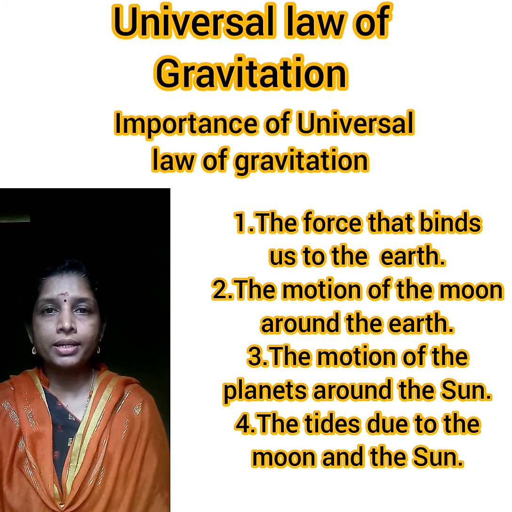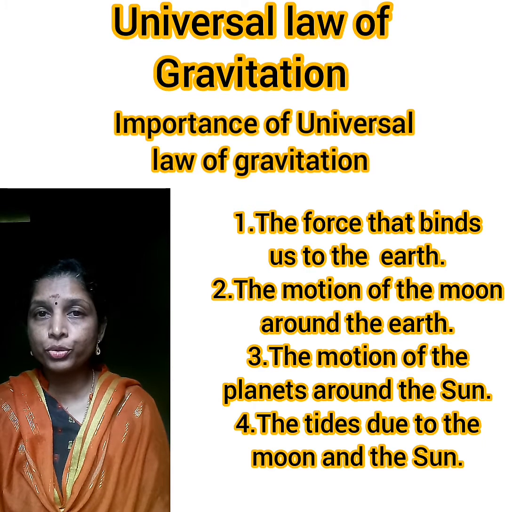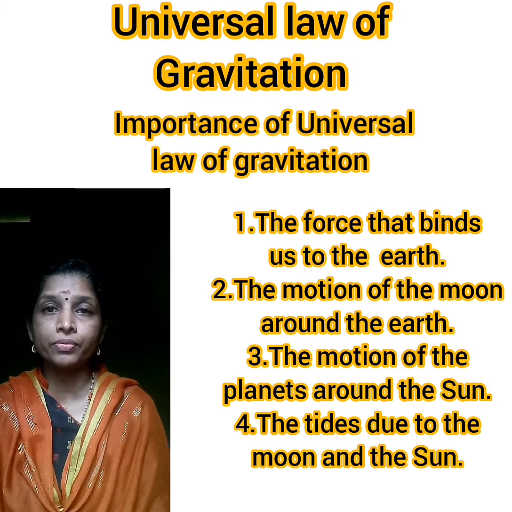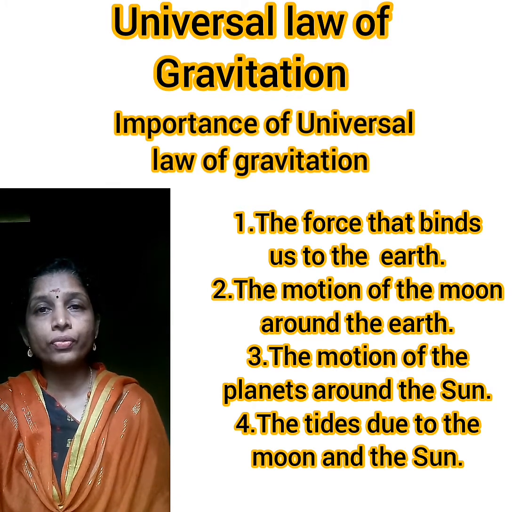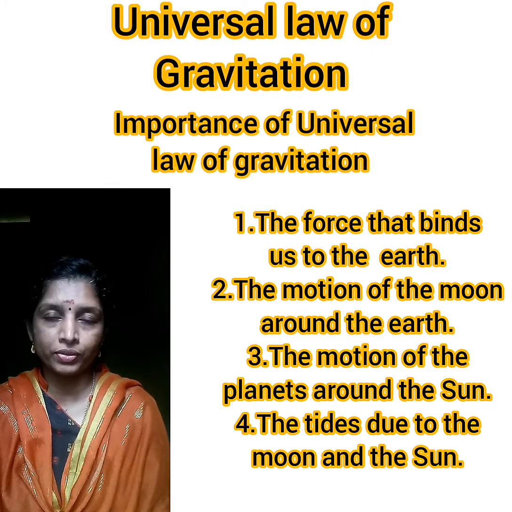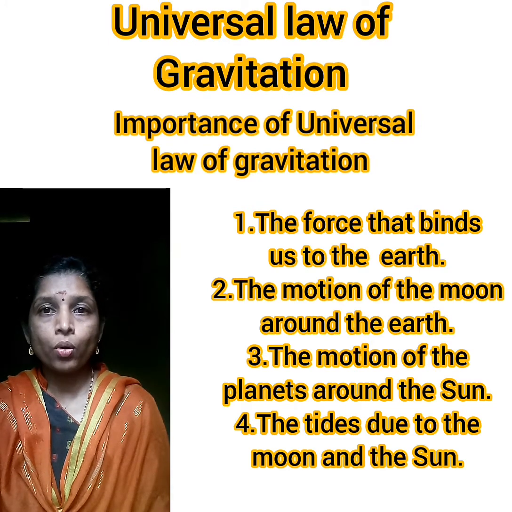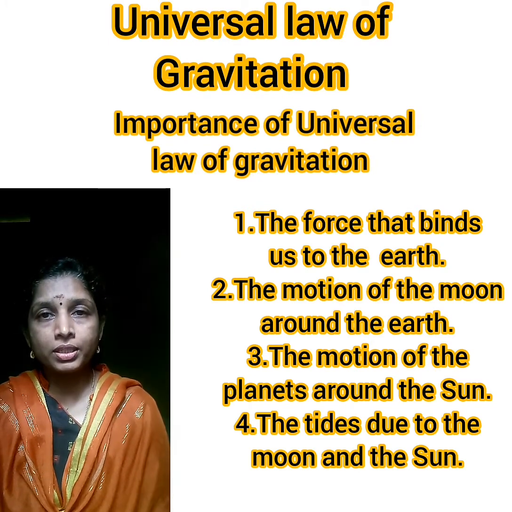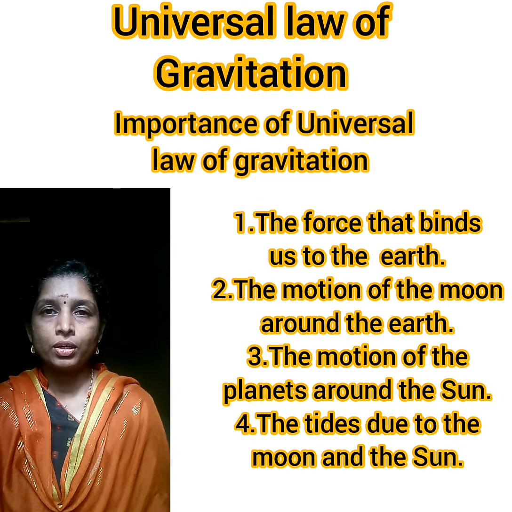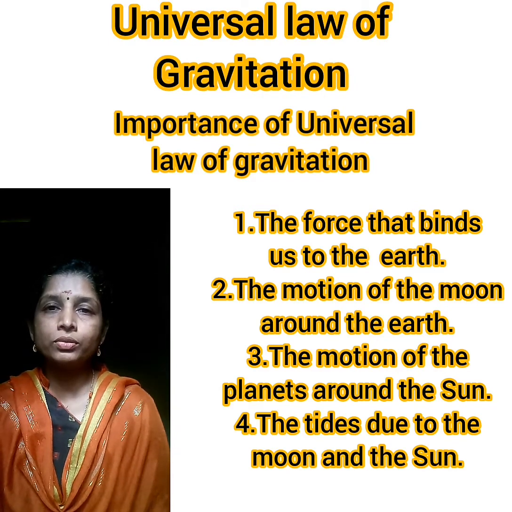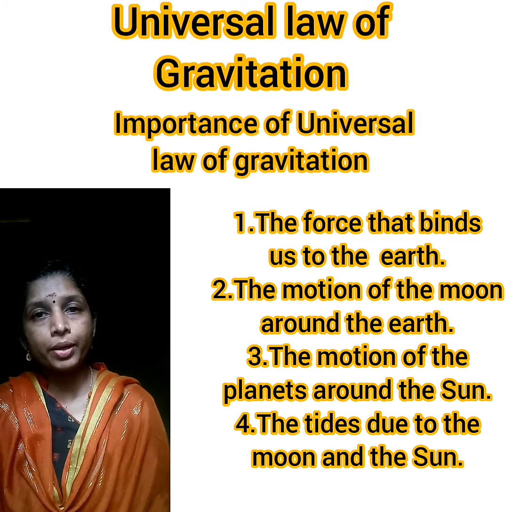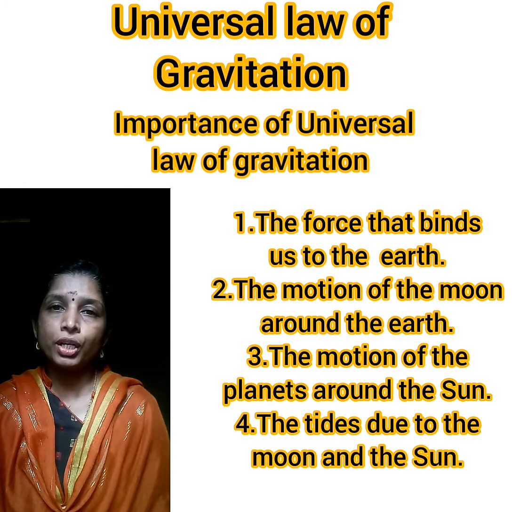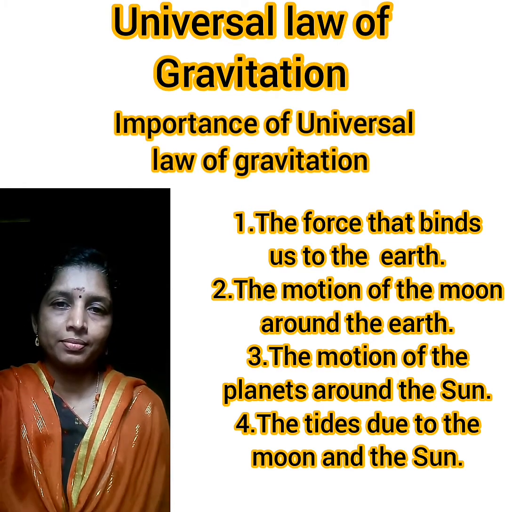Likewise, tides happen due to the gravitational force between the sun, the moon and the earth, which is the cause of tides on the surface of the earth. All the planets revolve around the sun due to gravitational force, and the moon revolves around the earth also due to gravitational force.